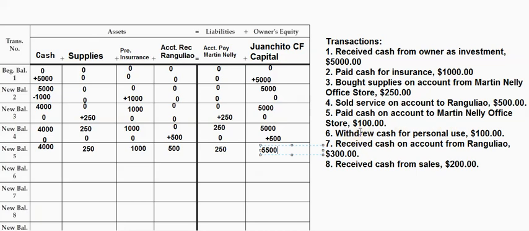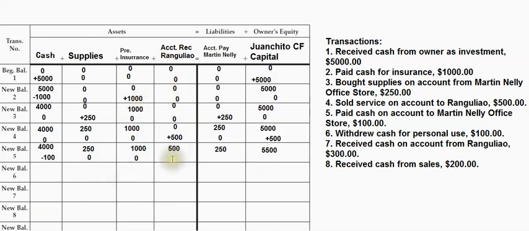Transaction number 4, pay cash on account to Martinelli office store. Now I'm paying my debt, meaning that I have to spend money to pay my debt. So here minus 100, and supply is intact. Prepaid insurance doesn't change.